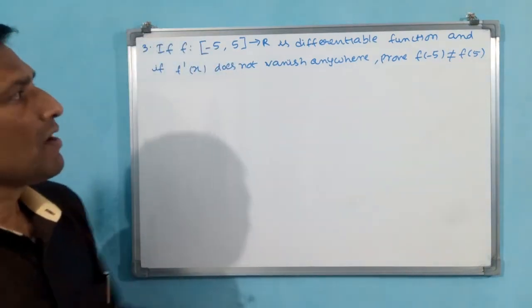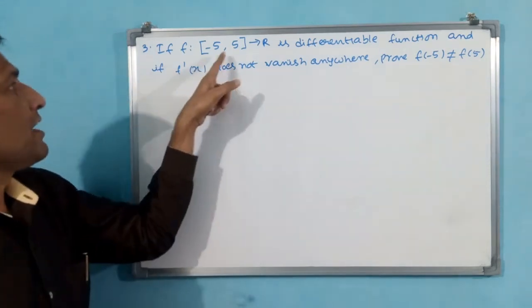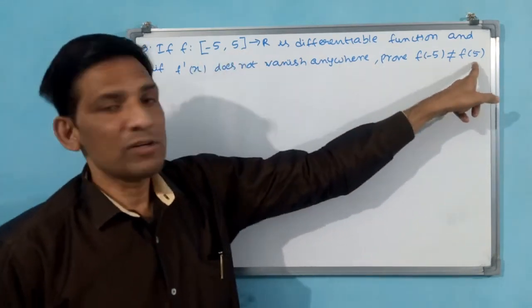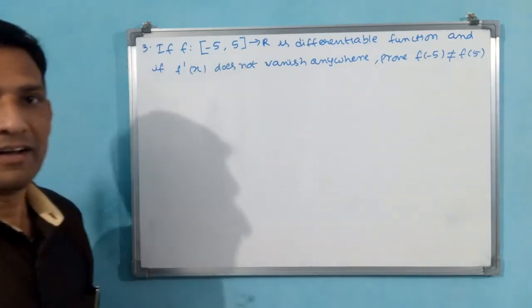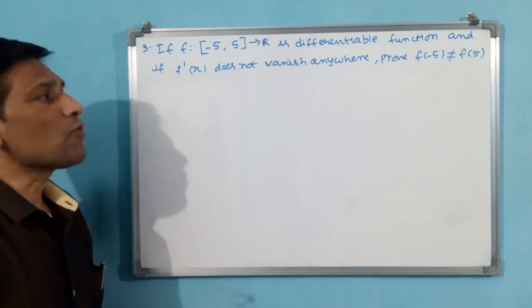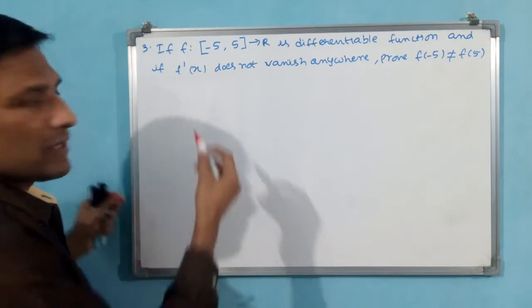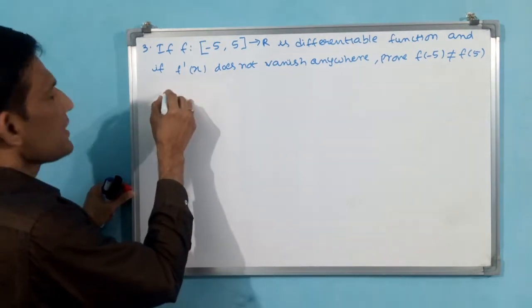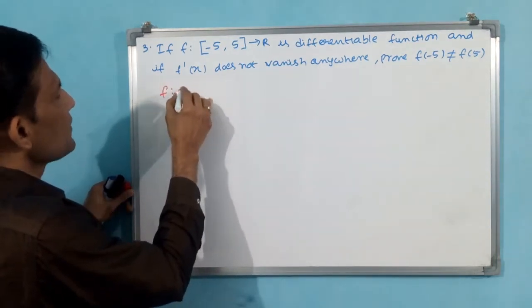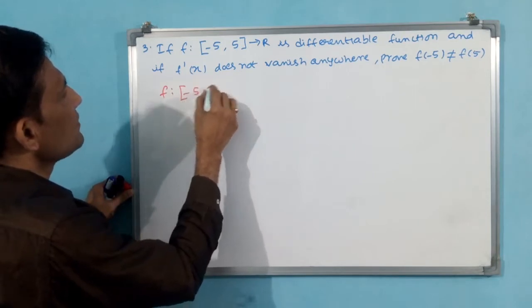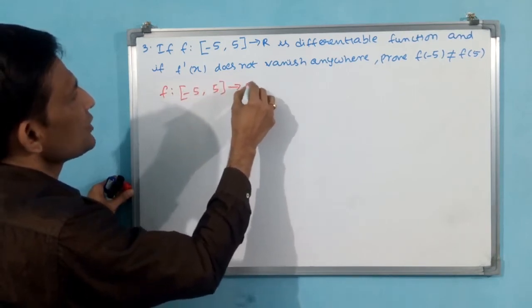What are -5 and 5? a and b. f of a not equal to f of b. Like that we have to understand. See how to write this conceptual question. First of all, let us see how I am writing. f of -5 tends to 0.